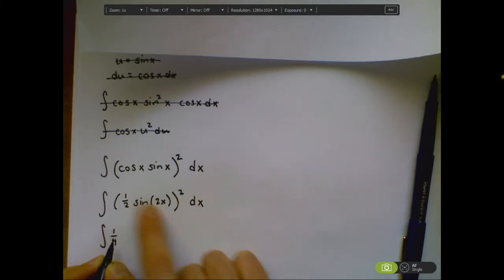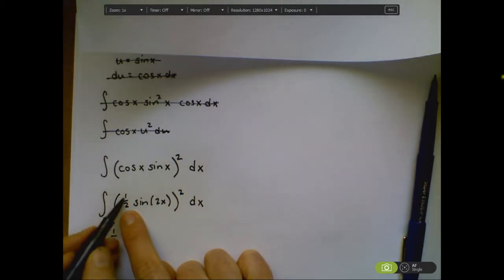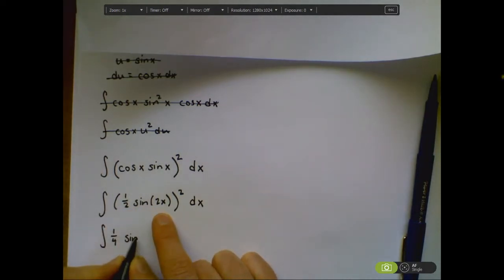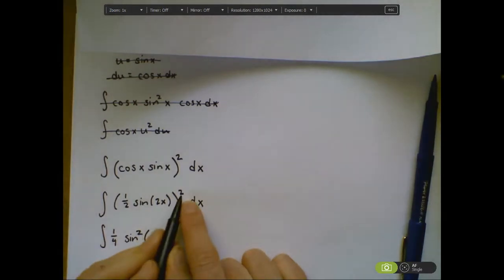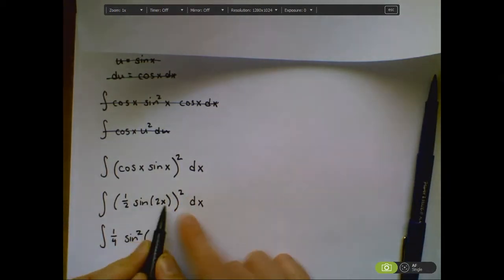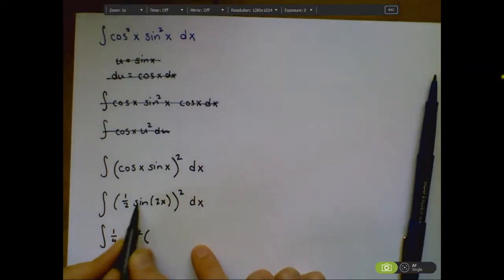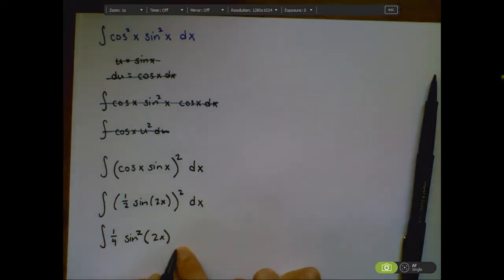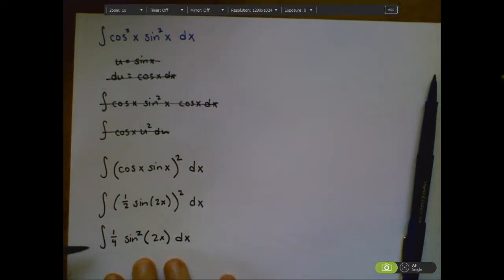Again, each of these terms is multiplied by each other, so 1/2 squared is 1/4. I get sine squared, and I'm not distributing the 2 into this because this is not a separate term. This is a function of sine, and thus we end up with sine squared of 2x. There are a lot of arithmetic mistakes that I see on problems like these, so I want to highlight some of the arithmetic as I go.